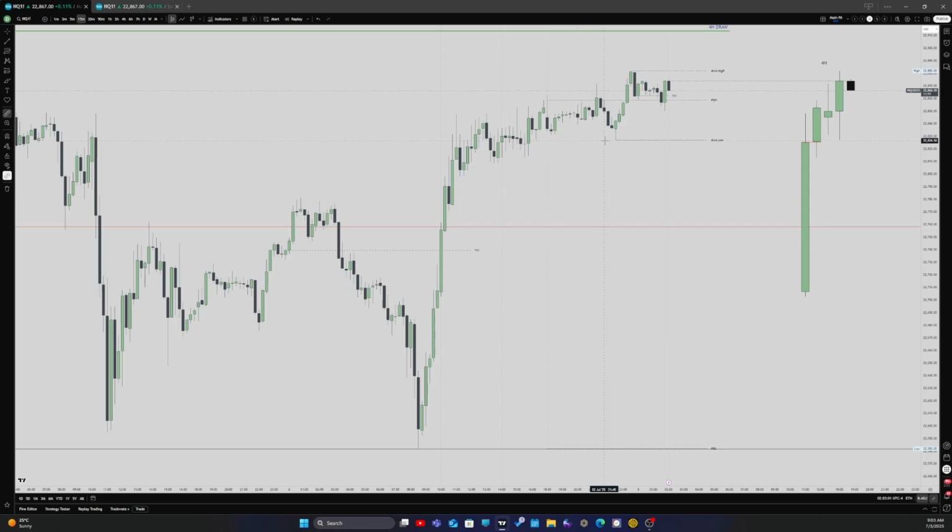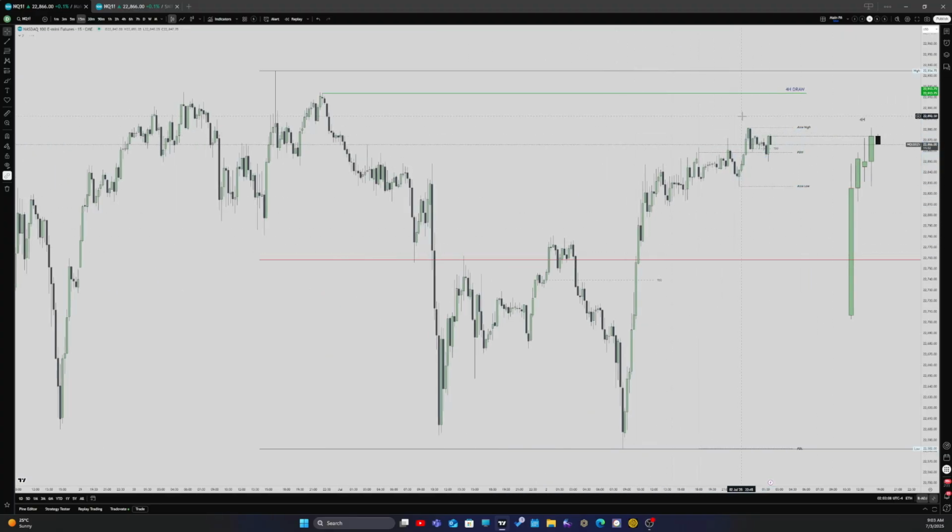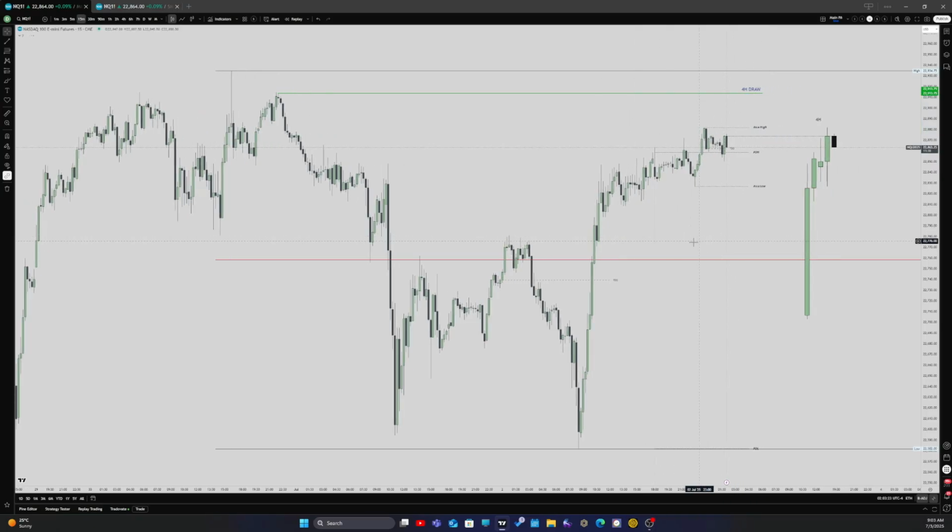We measure it. The Asia range is 55 points, right? And from the current price, the draw on liquidity is another 48. That would be consistent with a move in London, right?